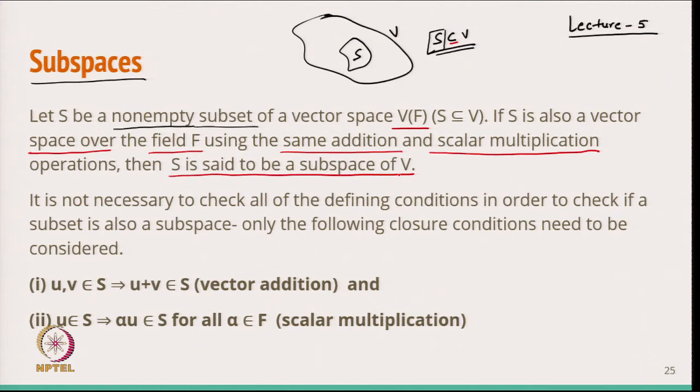So, S is also a vector space itself under the same operations, and then S is called the subspace of V. Now, the question is, if we have to check whether S is a vector space or not, do we need to satisfy all the 8 properties we satisfied in the case of vector spaces?